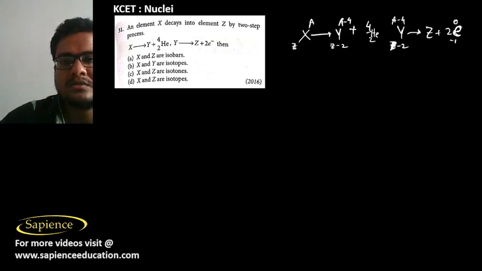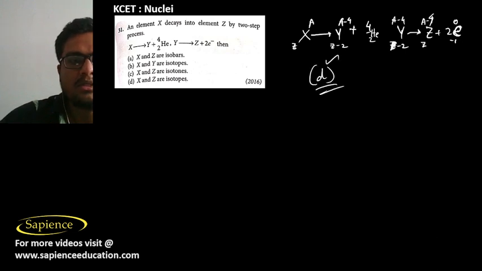So X and Z are isotopes. D is the correct answer.